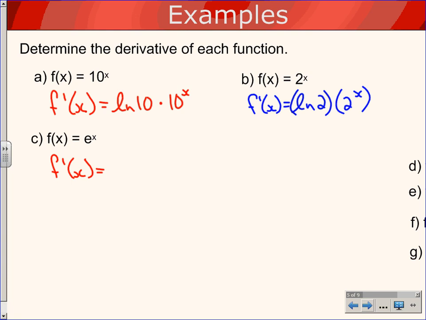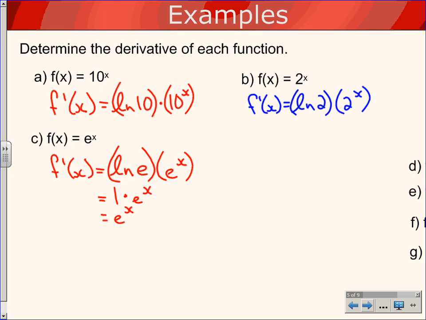So what we're supposed to do is take ln of the base, so that would be ln of e, and then multiply that by the original function, e to the x again. But ln of e is just 1, so you just get e to the x anyway, which we knew was going to happen. But I just wanted you to see that following this rule still works in this case.